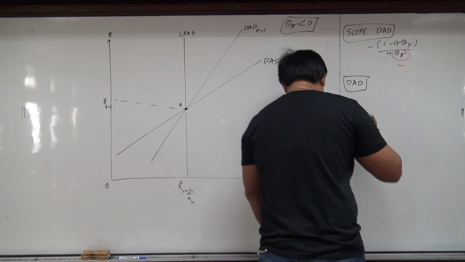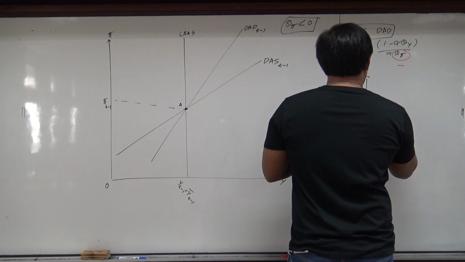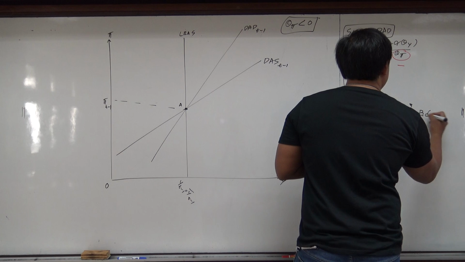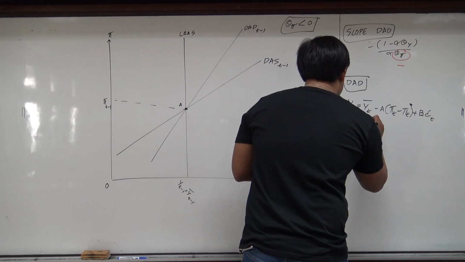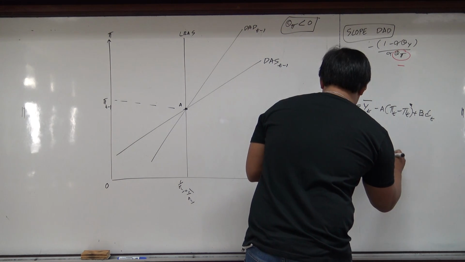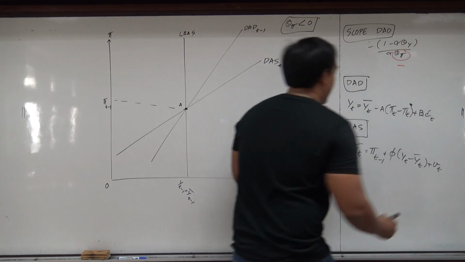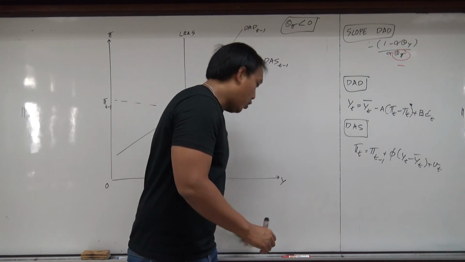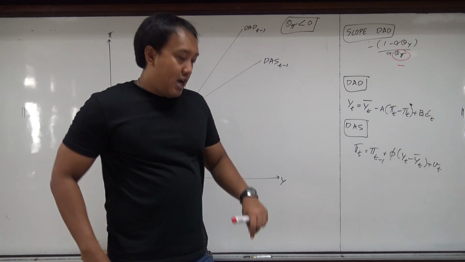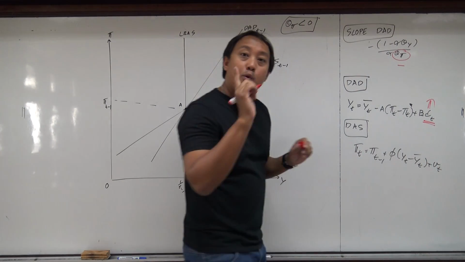DAD: Y_t equals Y_t bar minus a times (pi_t minus pi_t star) plus b epsilon_t. DAS: pi_t equals pi_{t-1} plus phi times (Y_t minus Y_t bar) plus v_t. So if I assume that these are the equations of DAS and DAD, and we have a positive demand shock for only one period, this term increases for only one period.